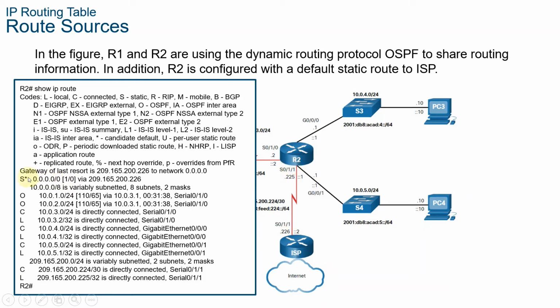Take note that we also have S here. What is that S? The gateway of last resort was configured, so that means the default route was set on this router, and that is denoted by S asterisk there.